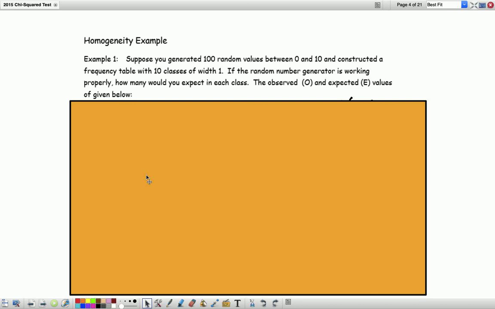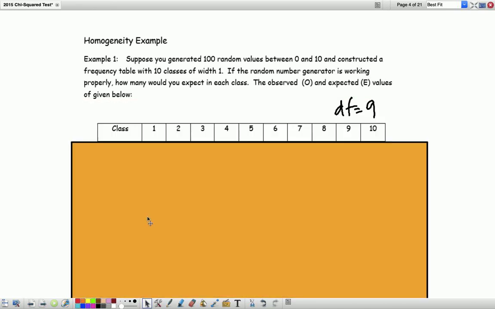If the random number generator is working properly, how many would I expect in each class? With the 10 classes and the 100 random values, I could expect 10 to be in each one, because 100 divided by 10.